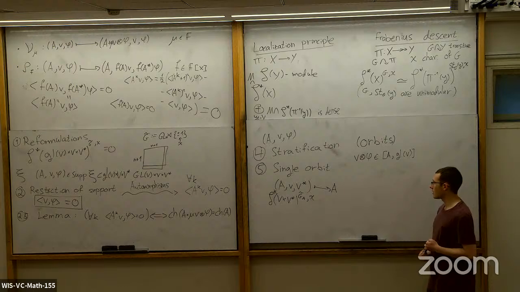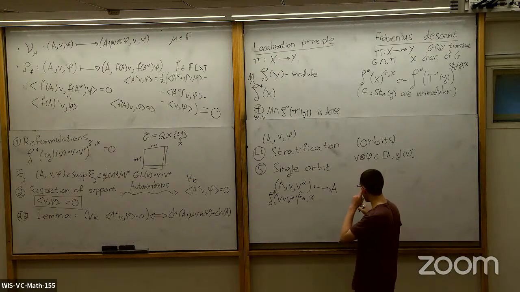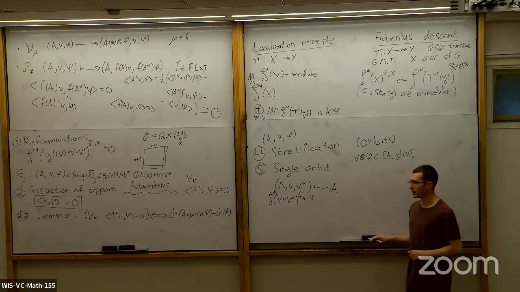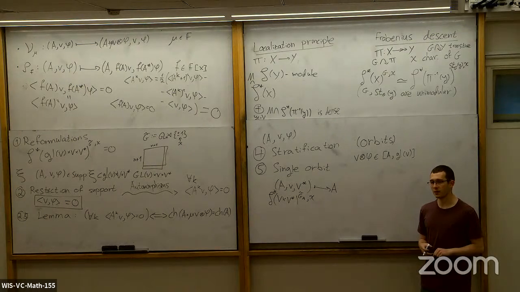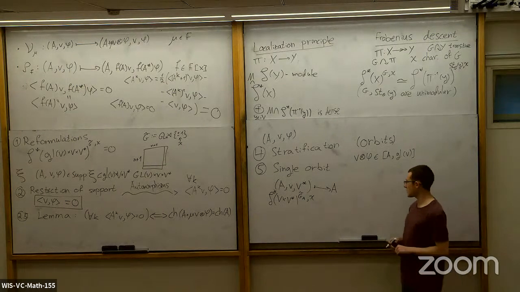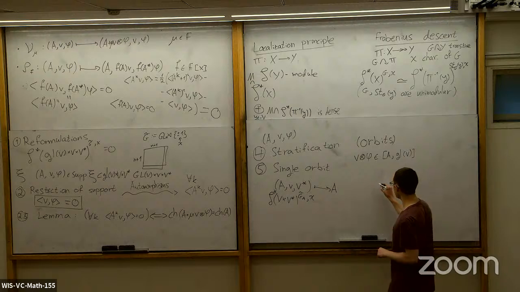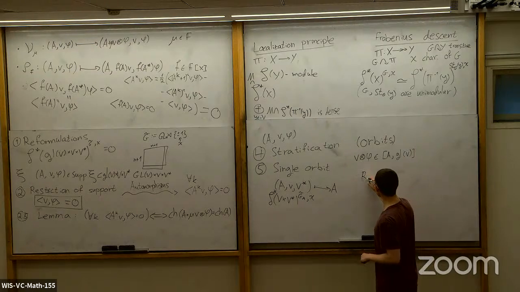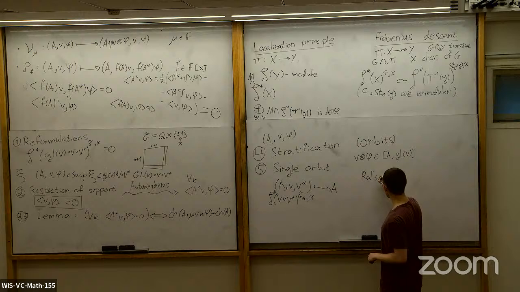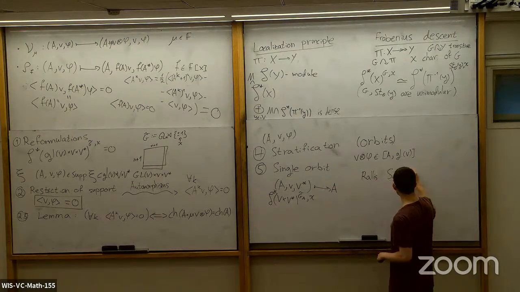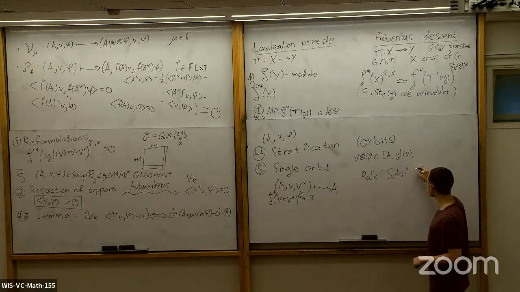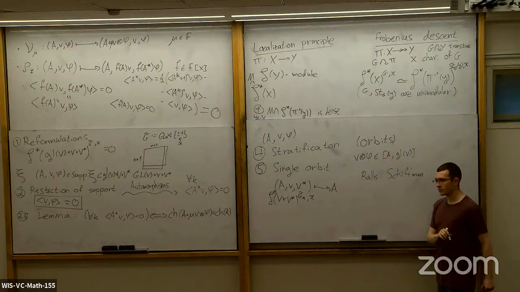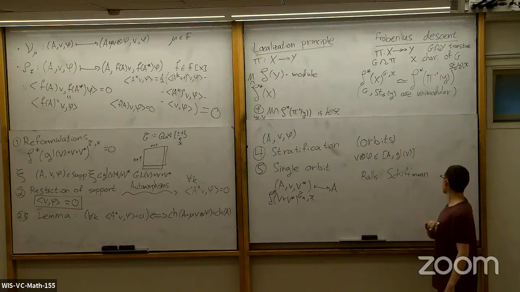I won't state the exact theorem of this kind that we use here, but it's a theorem of Rallis and Schiffman. Rallis with two L's, Schiffman with two F's and two N's.